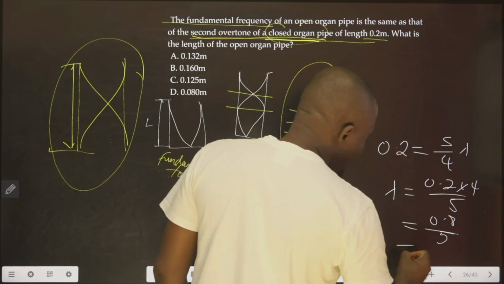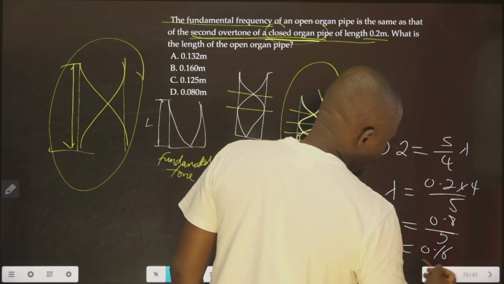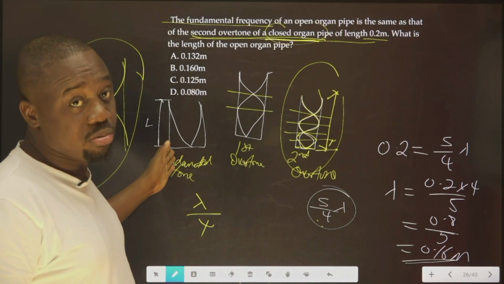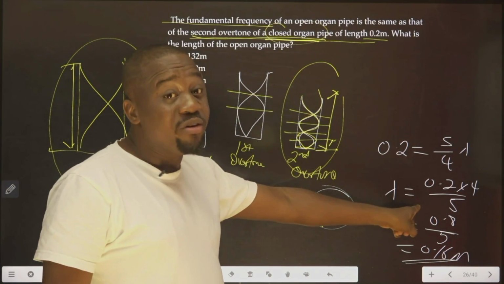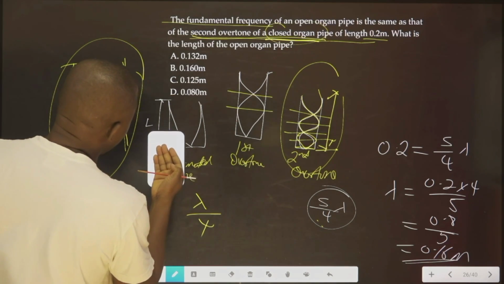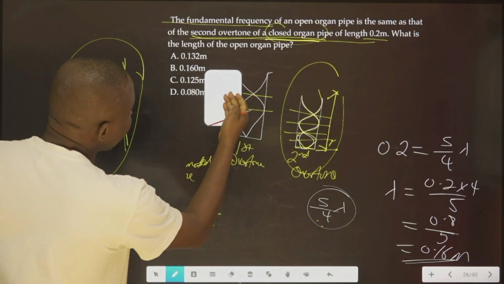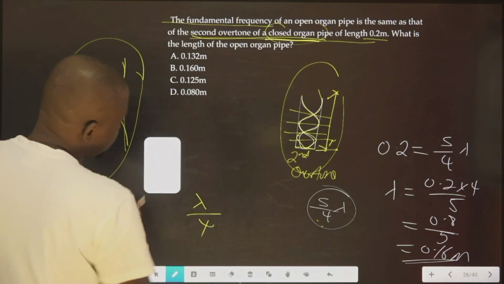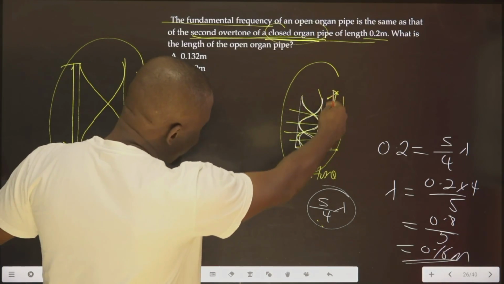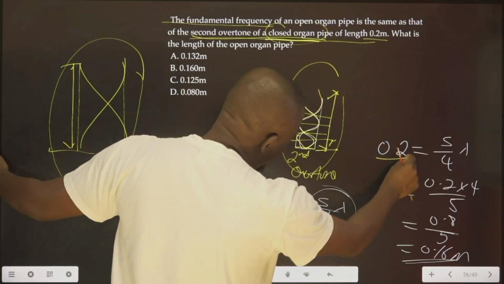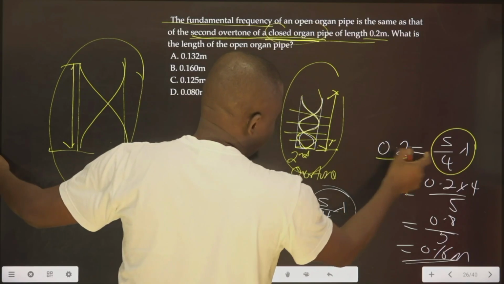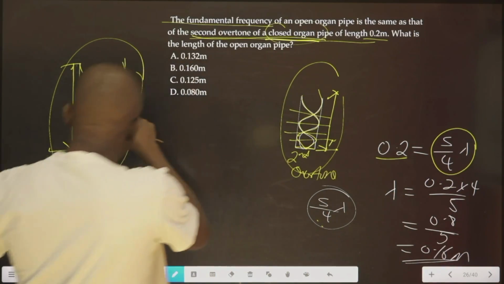You're going to have 0.16, okay? 0.16 in meter. We are going to use it for this side too. That is this wavelength. So remember, these are just for illustration purpose. Let me remove this so that it will not confuse you again. This is for open, this is for close. We know this to be 0.2. We have equated this to this. Then we solve this.